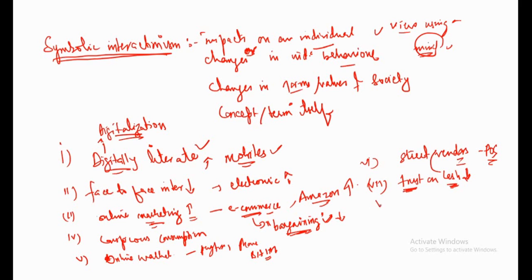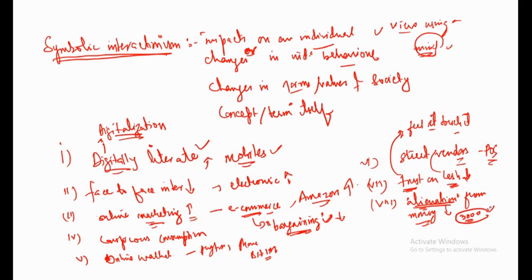And second, the eighth number is alienation. You can talk about alienation from money. People were being alienated from their own money. Earlier, when they had cash, they could feel it, they could touch it, but now the money was just in numbers in the electronic wallet. It simply mentioned that your account has 3,000, but they cannot touch this 3,000. It was just a number, so they were spending more and more.